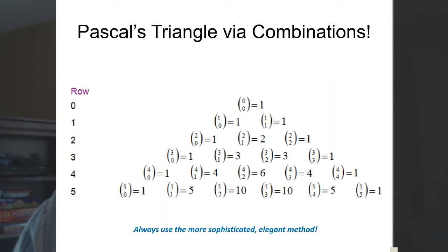So the reality is some of the questions that we ask are rather simple, and you can certainly do 1 to 2 to 1 or count 6 out of 16 possibilities in your head. All right? But you should always certainly learn and get used to applying the more sophisticated and elegant method. Why is this?